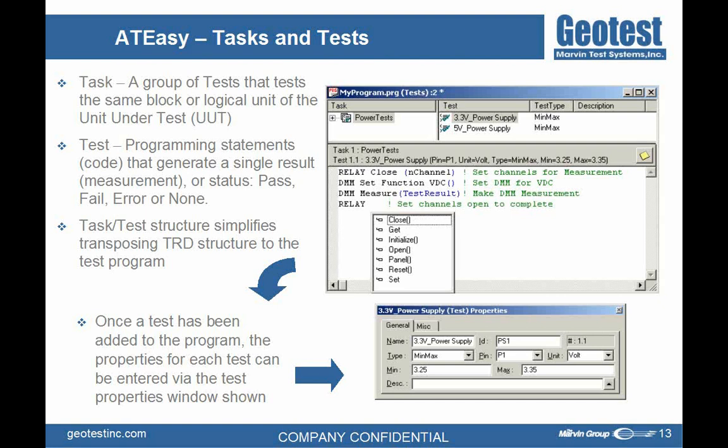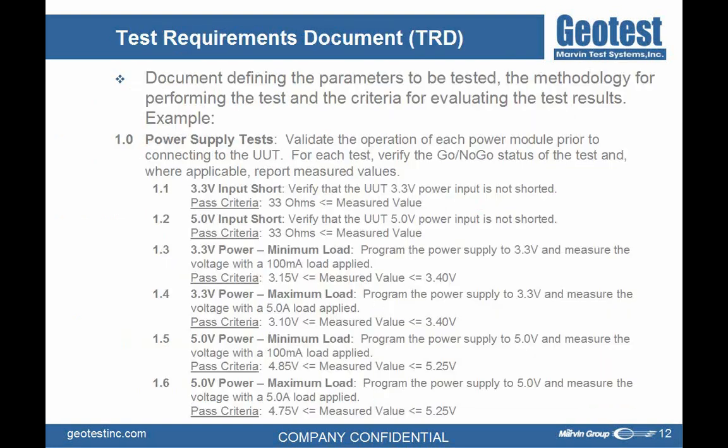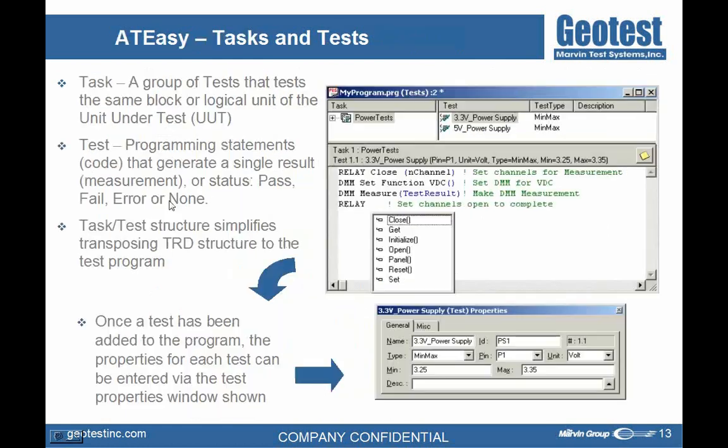So this whole task-test structure within ATEasy is there to simplify the process of transposing the TRD structure to your test program. If you go back and look at the TRD again, you have these major paragraphs, which are your tasks, and then you have your subparagraphs, which are the individual tests to perform that task. So ATEasy has the same thing, where you have the task, in this case a power test, and then you have the individual tests for performing that power test.